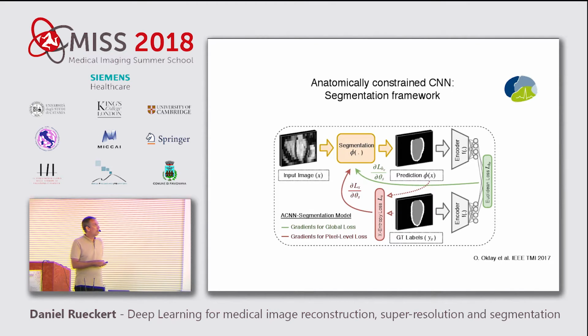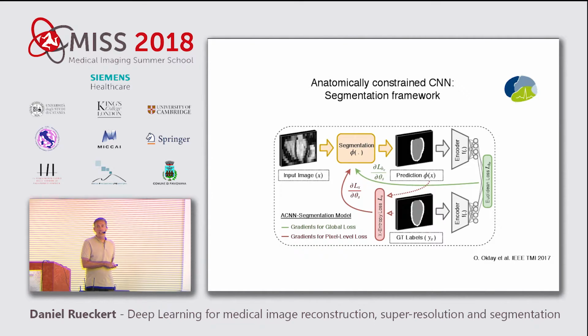But at the same time, we take the segmentation output, we put it through the encoder, the first part of the autoencoder, produce a latent code, and we do the same thing with the ground truth segmentation. And now we minimize, as a second quantity, the Euclidean loss of these latent codes in this latent representation. This tries to make the segmentation similar in whatever latent space you have to the ground truth labels.